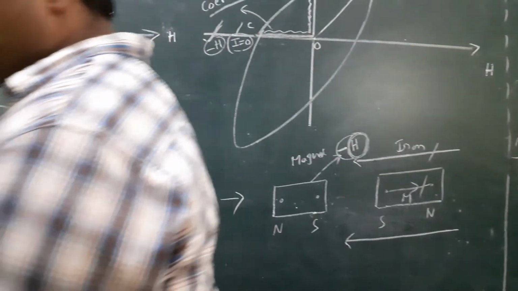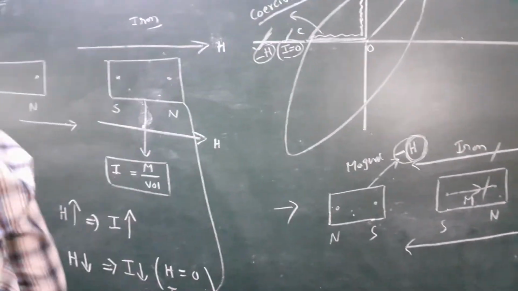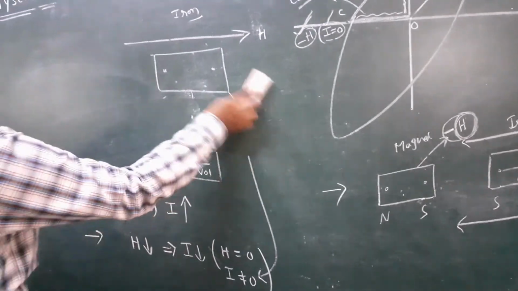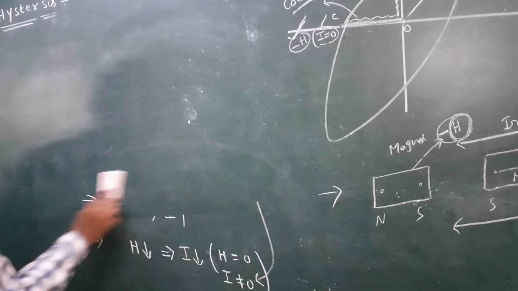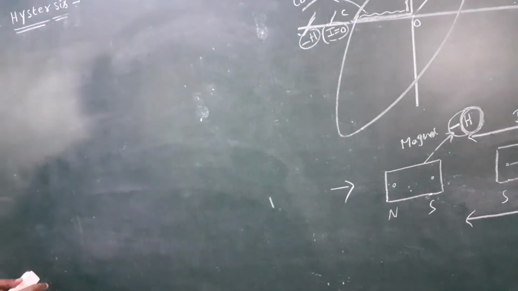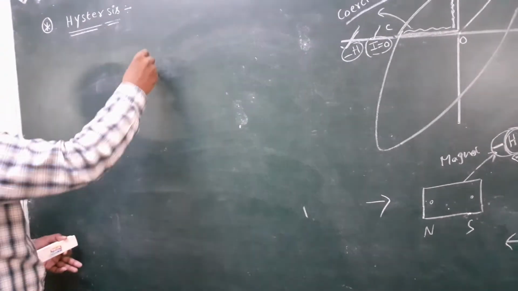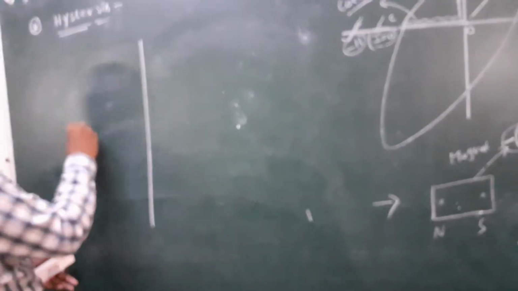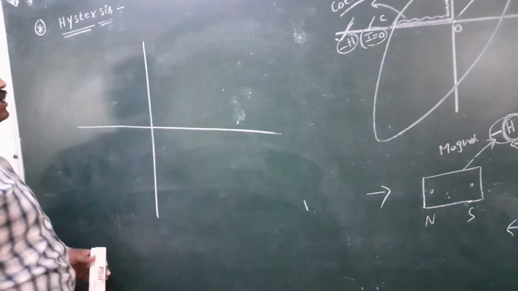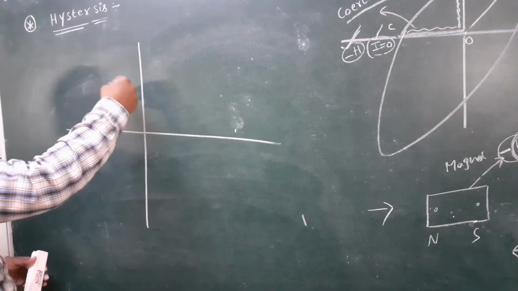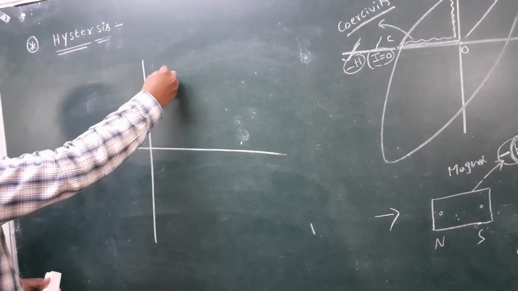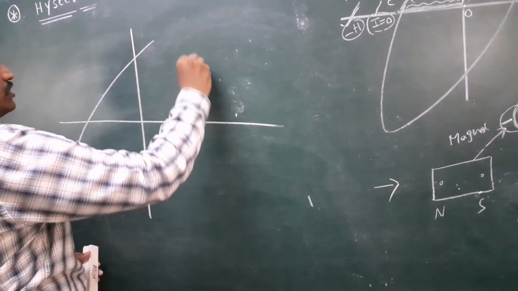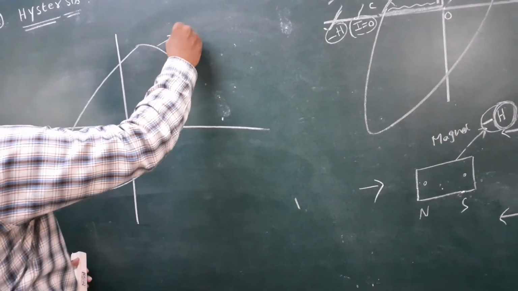I will discuss a small example here. In the periodic table, all elements' hysteresis curves are drawn. I draw the ferromagnetic substances. The best example of a ferromagnetic substance is steel. Here is steel.